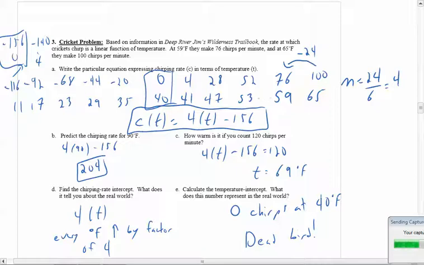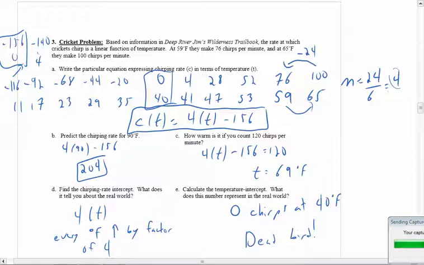I kind of just looked at this trend and first of all said, well, my slope here is going to be increasing by 4. Because as the temperature gets hotter, I'm increasing by 24 over 6, which means I have a positive slope of 4, because 24 over 6 is just 4 over 1, or 4.